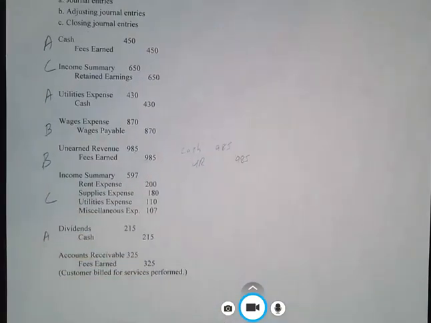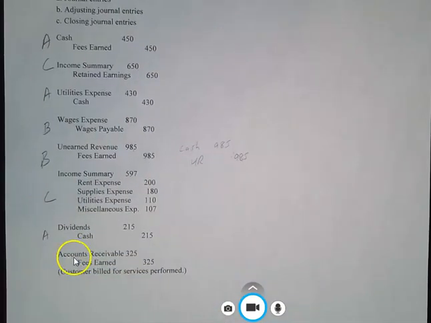So, and then finally we have an entry here, accounts receivable $325 as our debit, fees earned $325 as our credit, and it says customer billed for services provided.